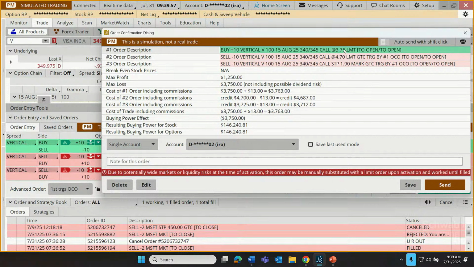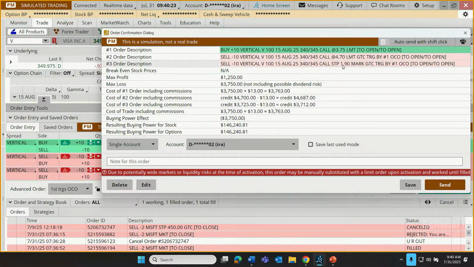We'll see if we're able to get this. With the stock, I don't know, it's backed off a little bit. It's back down to 349. Anyway, trying to buy this vertical for 375. If we're able to get that filled, then we have an order to get us out at 75% of our maximum gain at 470, or to get us out at 50% of our maximum loss at 190.